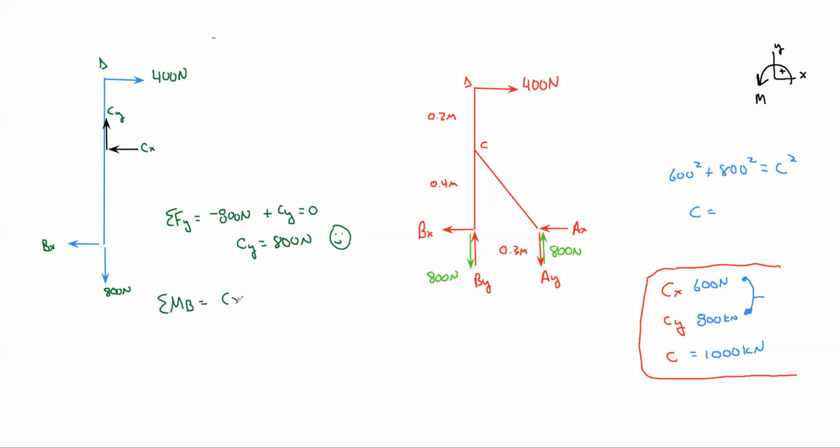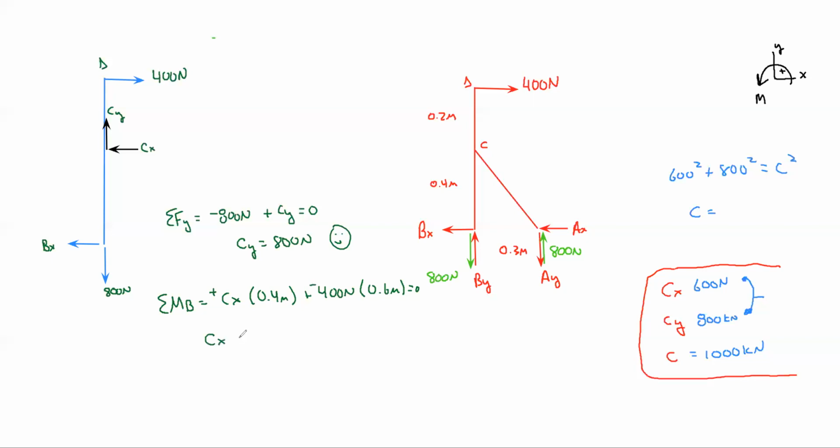CX is a player. We know that the distance is 0.4 meters. 400 newtons is a player. We know the distance is 0.6 meters. If I'm about point B, CX is going counterclockwise, which is positive. 400 newtons causes a clockwise moment, which is negative.